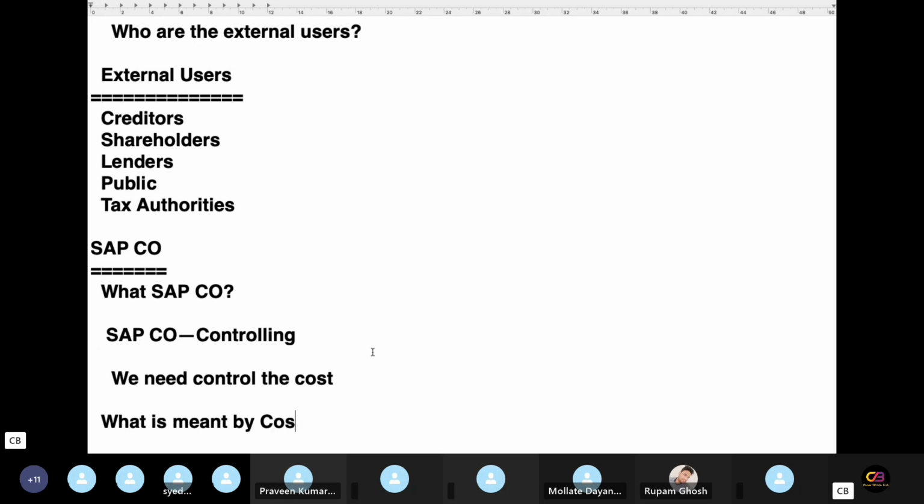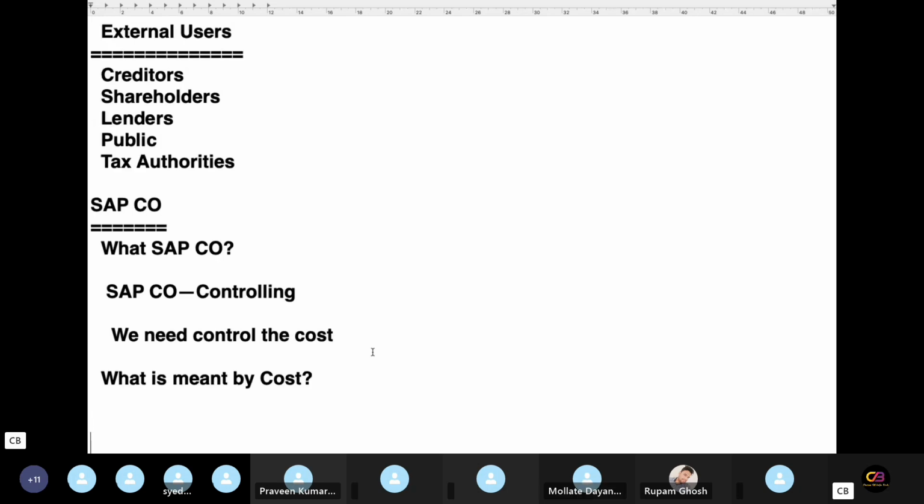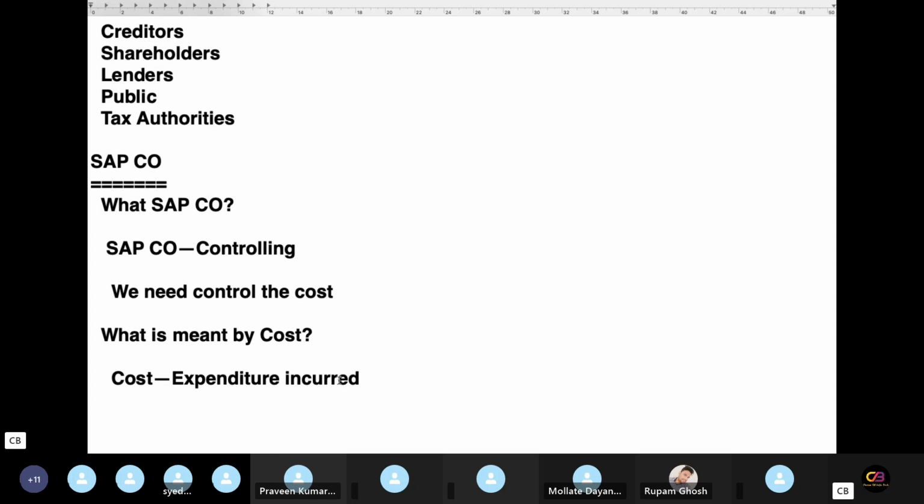What is meant by cost? Tell me. Cost is nothing but expenditure. How much expenditure is incurred? So SAP CO main focus is internal reporting.